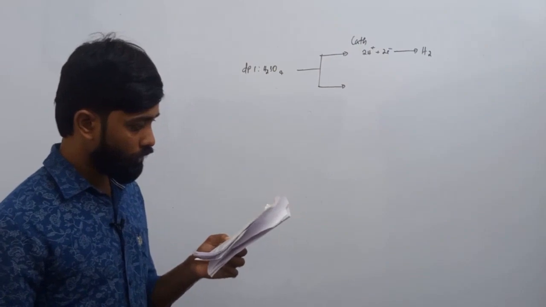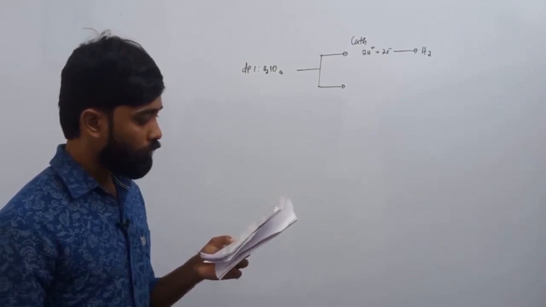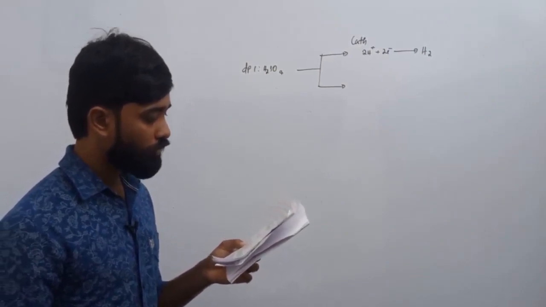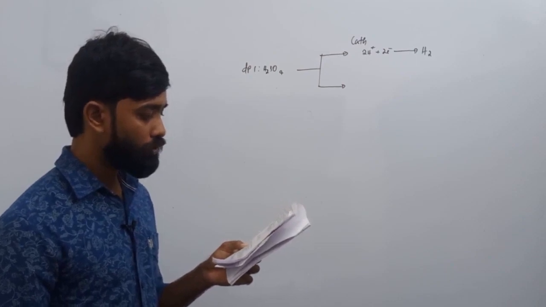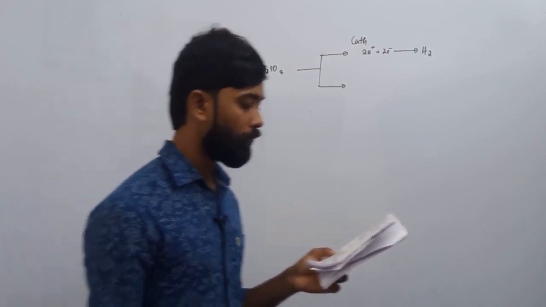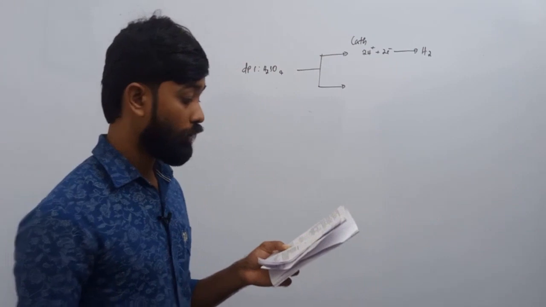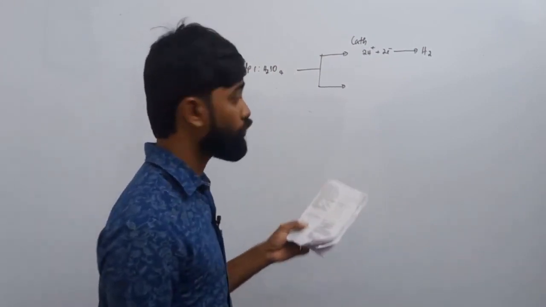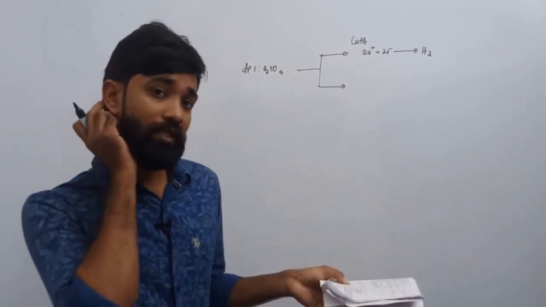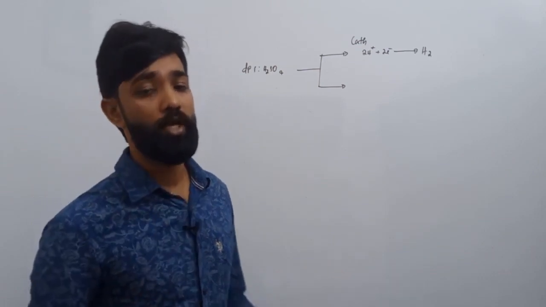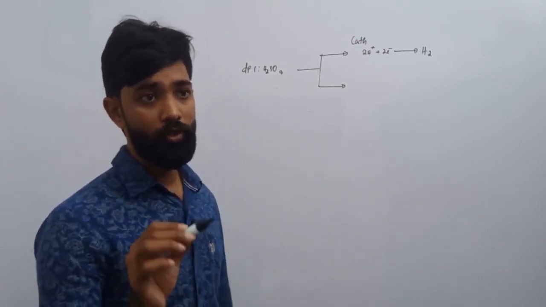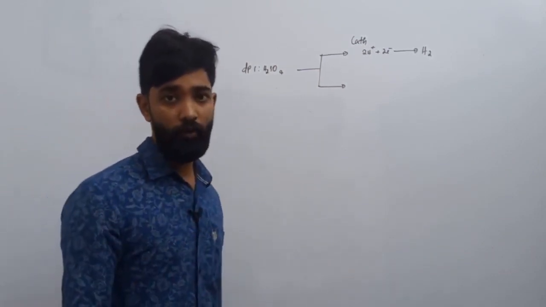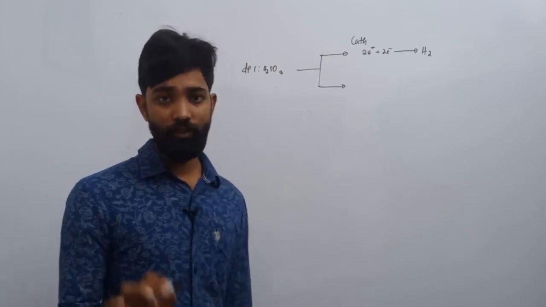And what are you asked to find? Volume of gas evolved when dilute H2SO4 is electrolyzed using 2 faraday at STP. Volume of gases, so you have to consider the gas at the cathode and also the gas at the anode. It is not specified as volume of hydrogen evolved at the anode, simply gases.